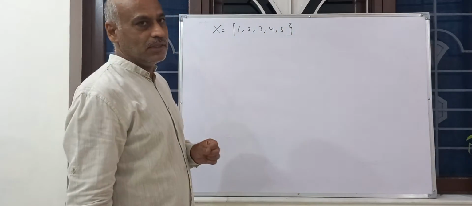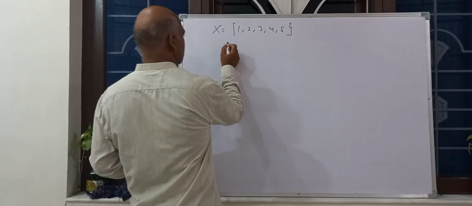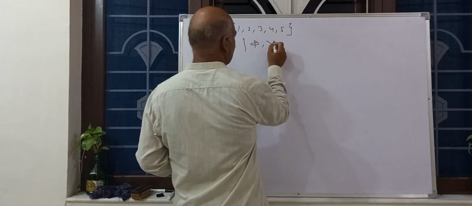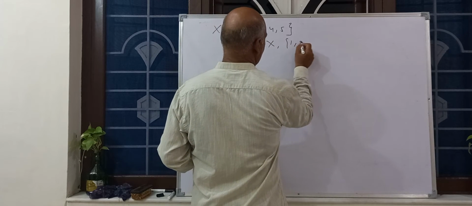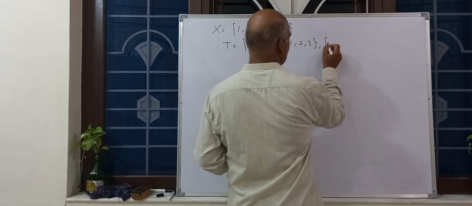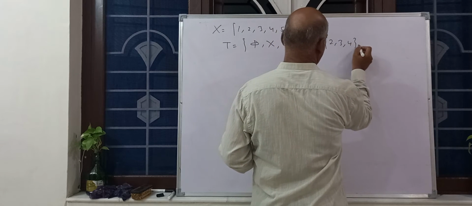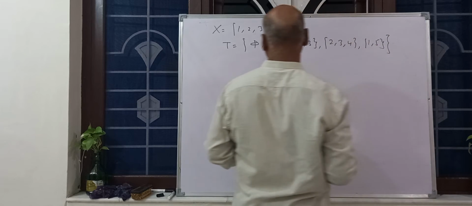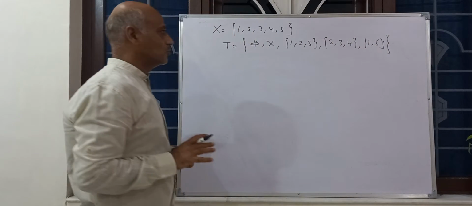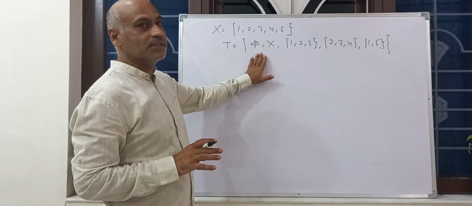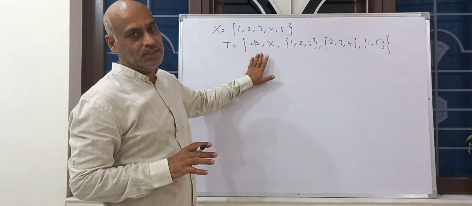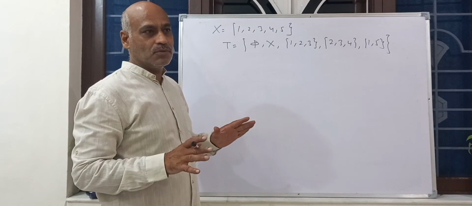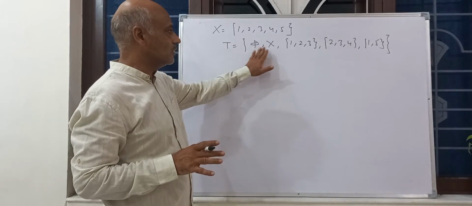And suppose it is given T equal to phi, X, {1, 2, 3}, {2, 3, 4}, {1, 5}. We want to check whether T is a topology or not. So the first condition is X belongs to T, phi belongs to T. Phi belongs to T, X belongs to T.